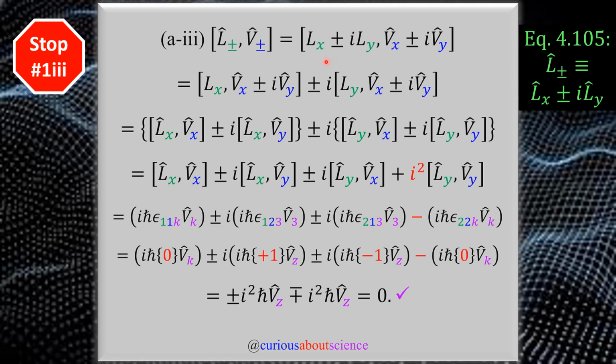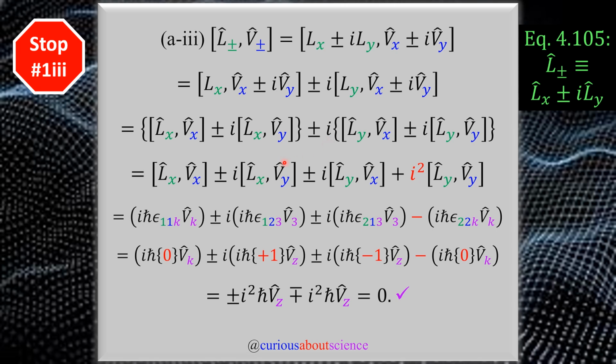And we see that by using the left-hand distributive law, we get L_x here with V_x, V_y, plus or minus i, L_y, V_x, V_y, cool. Now we can break each of these into two commutator brackets each. And we see by doing so, we have to use curly brackets to keep them contained so that we can keep this plus or minus and this i distributed properly.